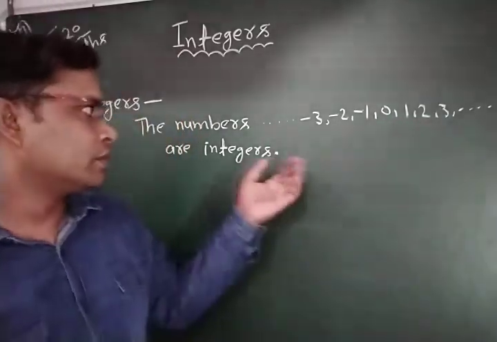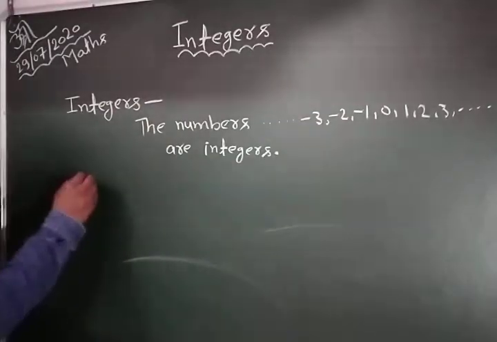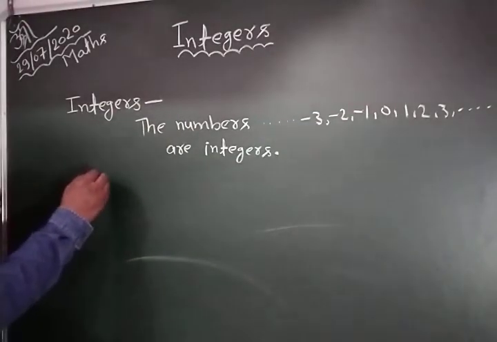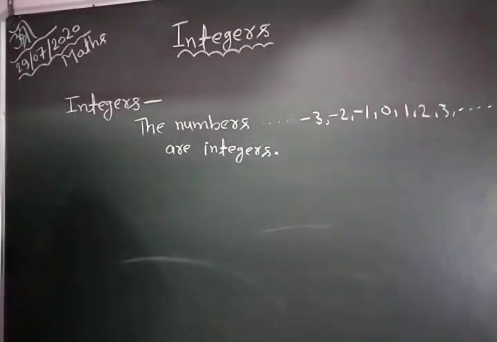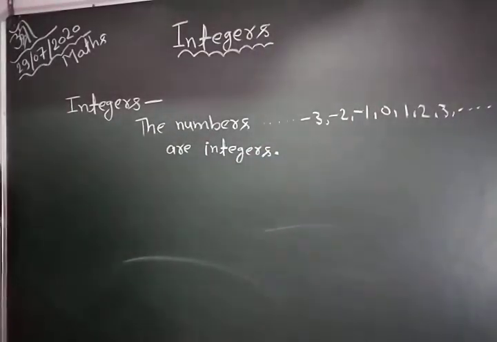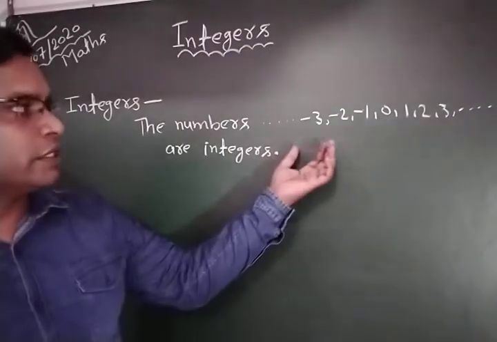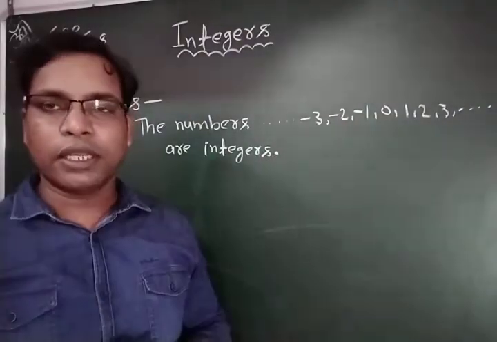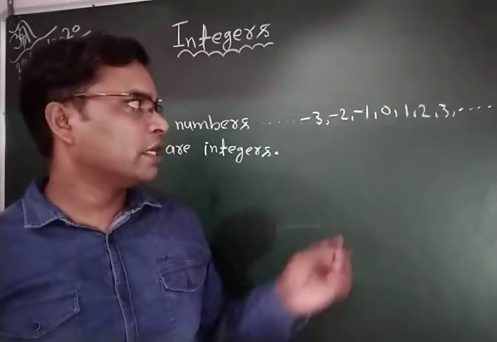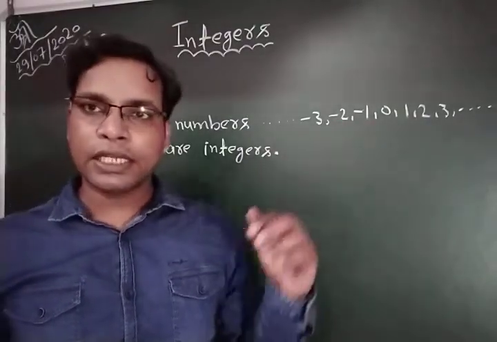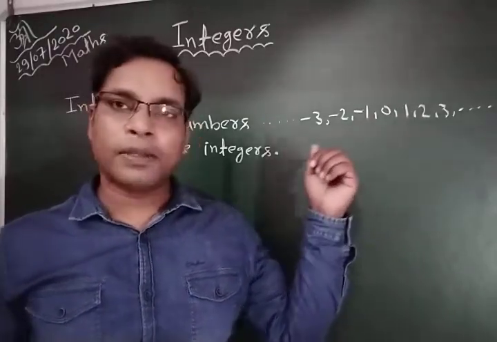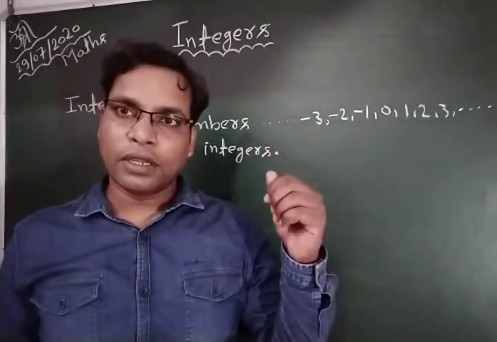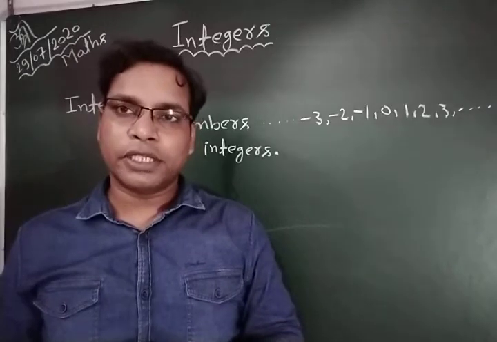Zero is neither a negative integer nor a positive integer, and there is no largest integer and no smallest integer. -1 is the largest negative integer, and the smallest negative integer is not defined.